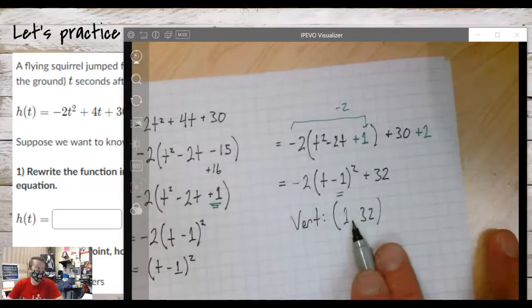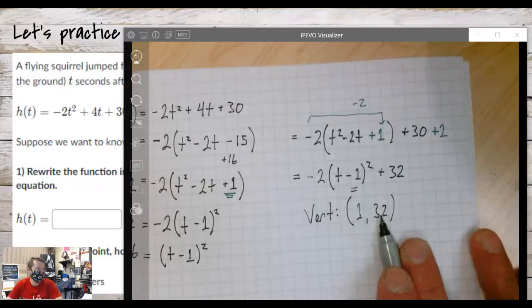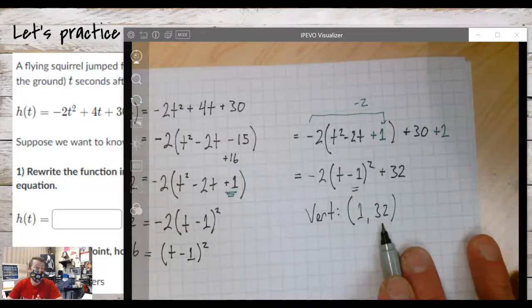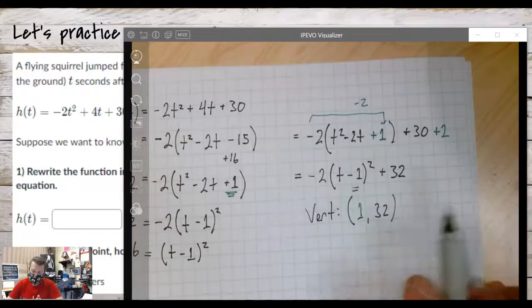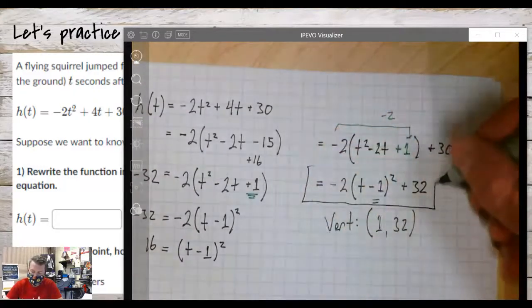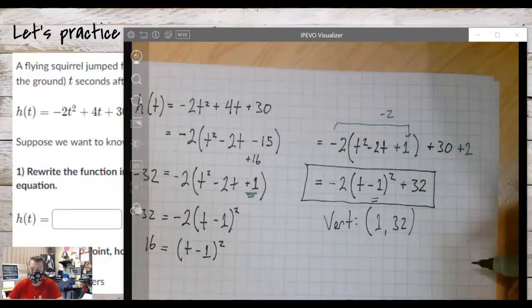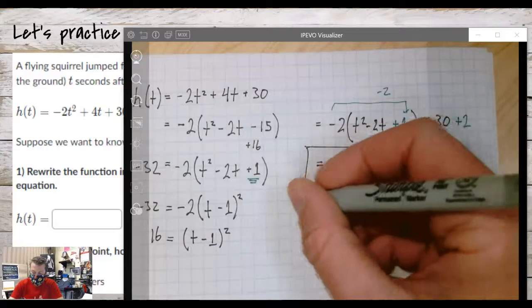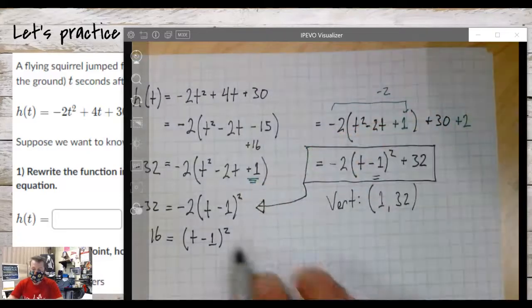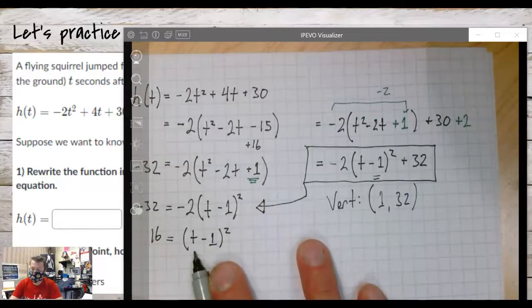Now that tells us after 1 second, the squirrel is whatever, feet, meters, whatever this label was, that far off the ground. Now Kaylin took it a step further and said, all right, when does the squirrel hit the ground? So that's where, even if we have this vertex form, I would then put it into this form so we can divide it out to isolate the t.